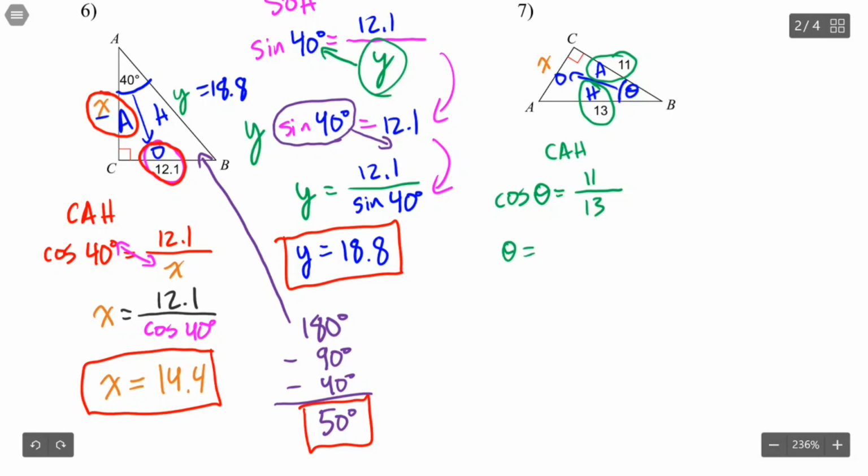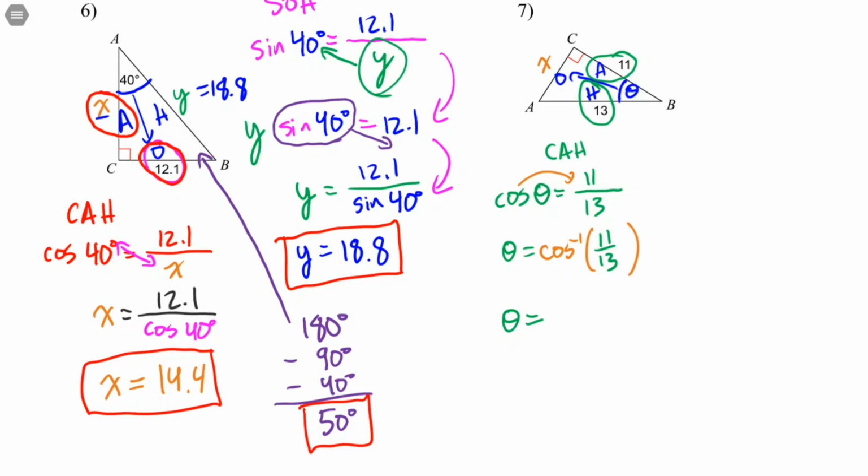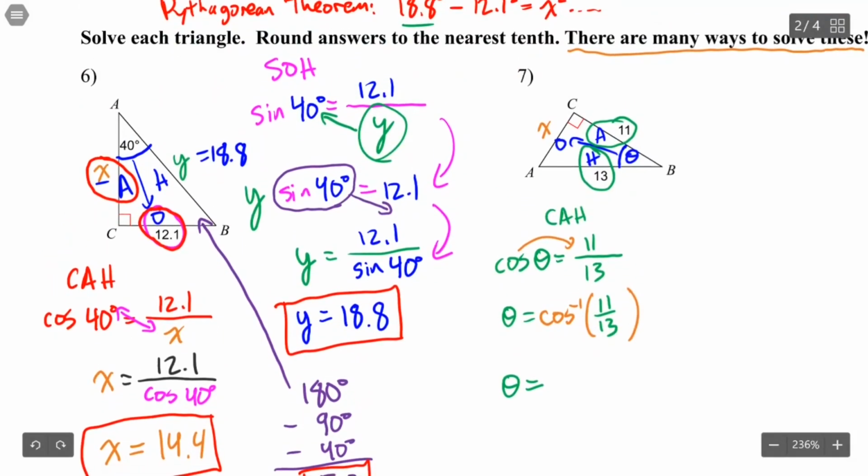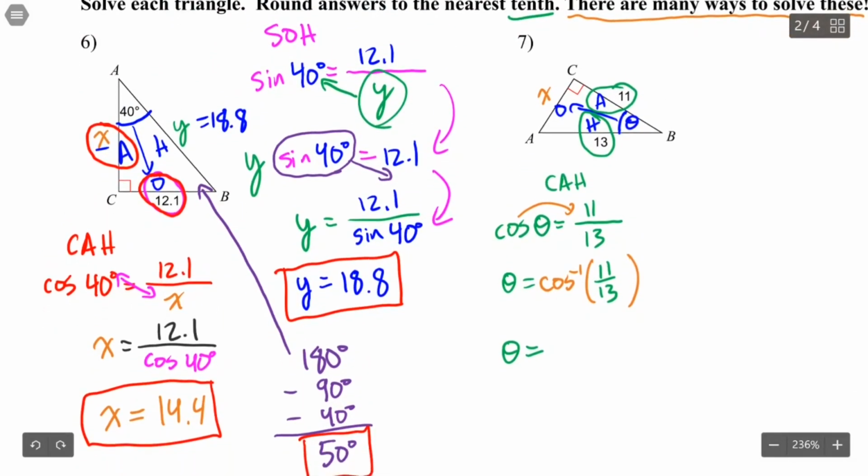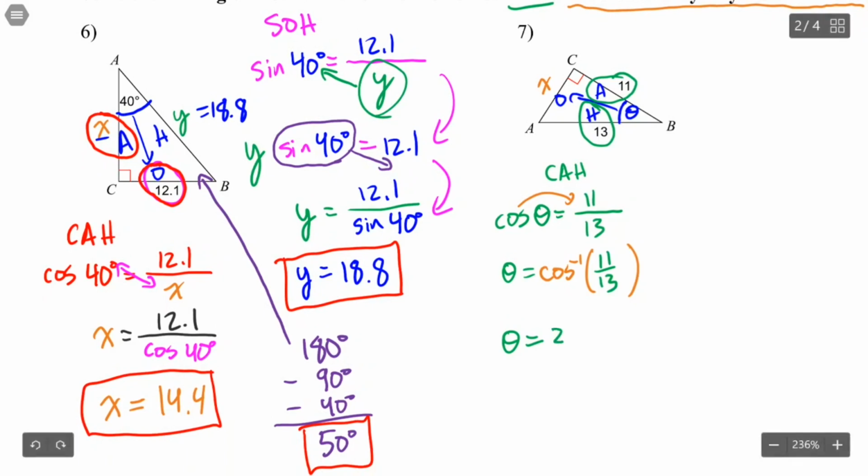So theta is, remember, how do you deal with it when you've got cosine? The inverse of cosine is cos inverse. So we bring cos to the other side, it becomes cos inverse. Plug that into your calculator and you should get, I think it says to the nearest tenth, right? Yeah, nearest tenth. So since it says nearest tenth in the question, we'll keep to the nearest tenth. It's 32.2 degrees.